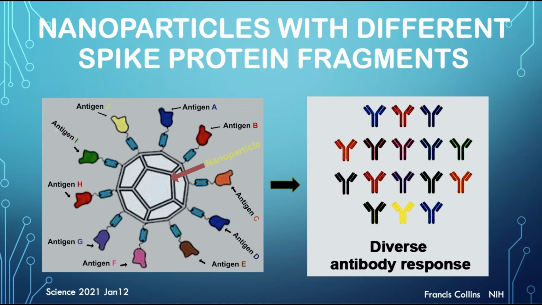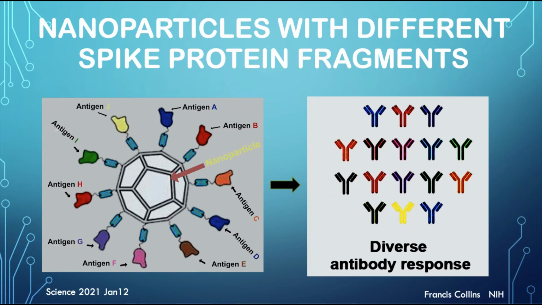This research is based on technology called a mosaic vaccine platform that is represented visually in the cartoon on the left. The central cage-like nanoparticle has attached to it several different spike protein fragments, or antigens, called antigen A through antigen J. When a system like this was injected into mice, a model system used for work in immunology, there was a diverse antibody response such as that depicted in the cartoon on the right side of the slide.